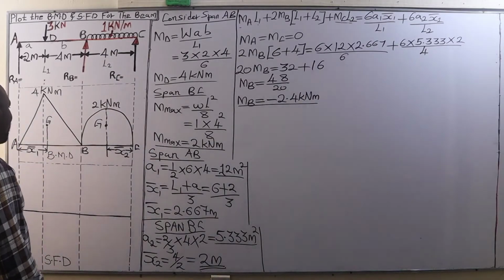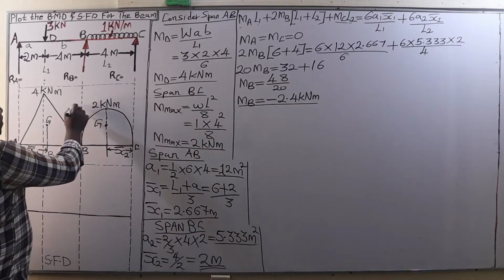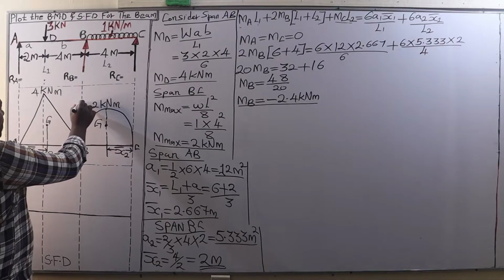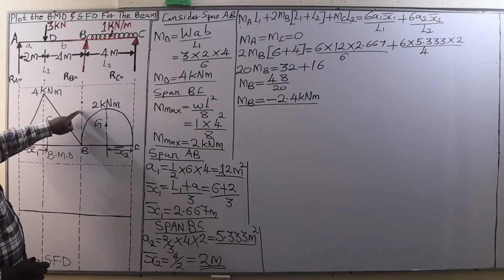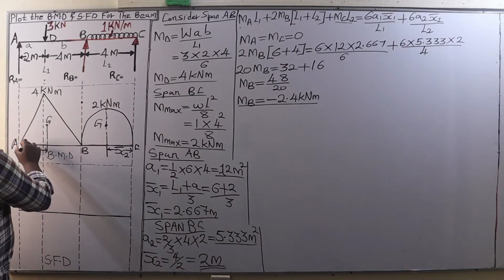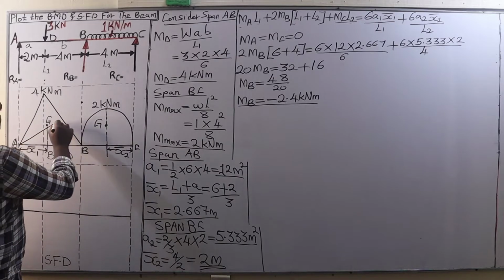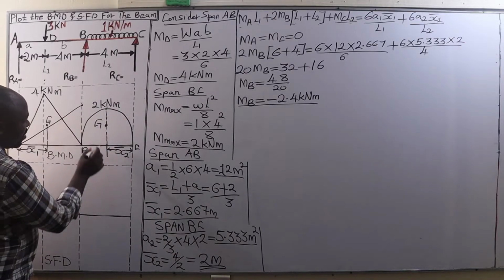Then from there, we come to the support B, and we approximate 2.4 units, just a few units above 2 kilonewton meter, and then we join it at that point.